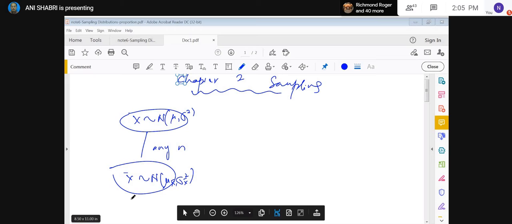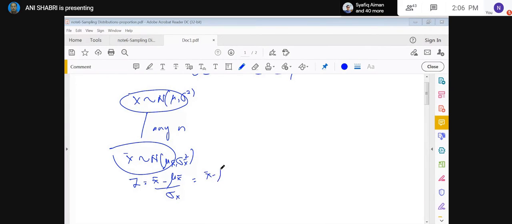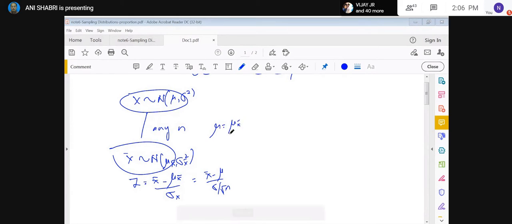We can use the formula Z is equal to S bar minus mu S bar divided by sigma. For this one, it is equal to S bar minus mu divided by sigma divided by root n, because mu is equal to mu S bar and sigma S bar power 2 is equal to sigma power 2 divided by n. Okay, this is number one.